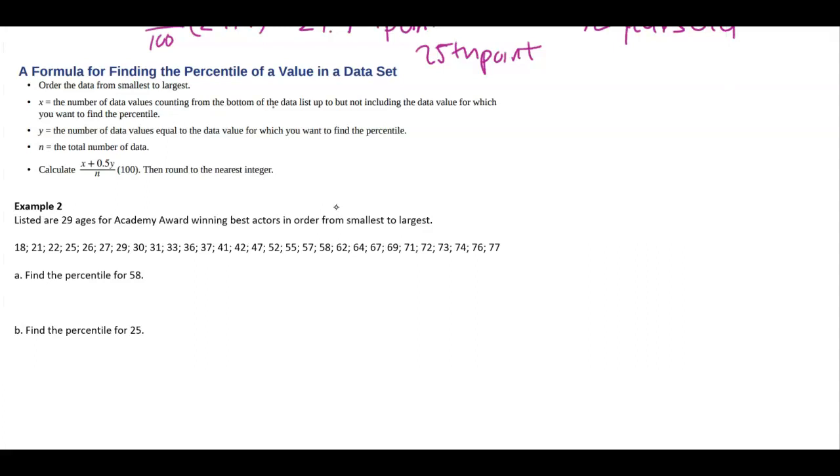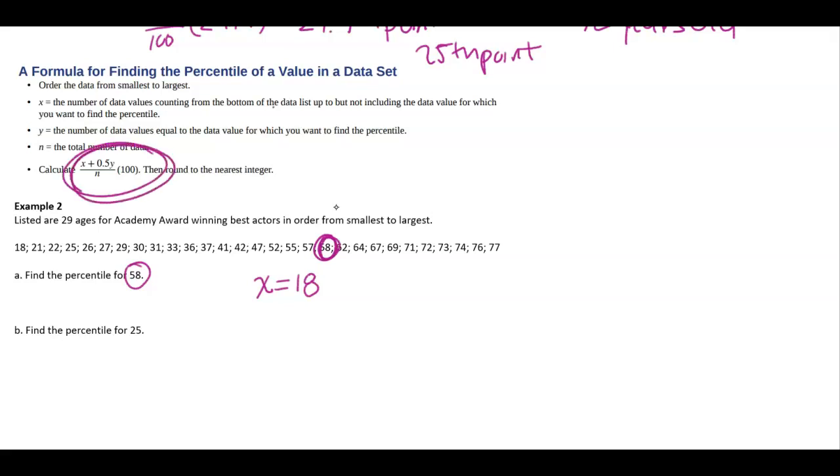So what we're going to do is count to 58, and how many numbers are below? 1, 2, 3, 4, 5, 6, 7, 8, 9, 10, 11, 12, 13, 14, 15, 16, 17, 18. So we're going to say that x is 18, or there are 18 points below 58. Then we need to consider 58 as a number in the data set still. And if there were multiple 58s, we want to make sure we account for those as well.